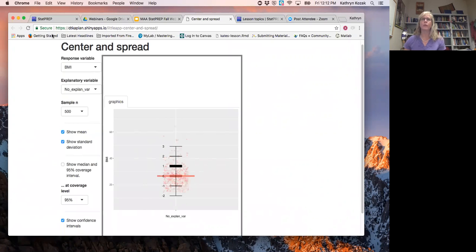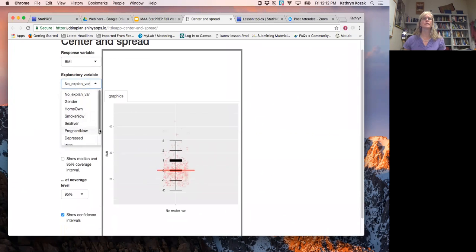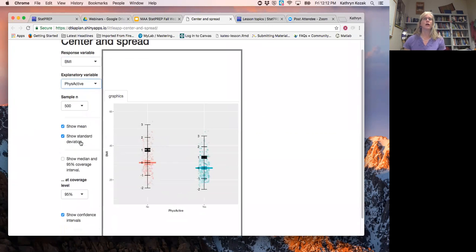As an example, we could look at what BMI is doing with, let's look at physical activity. You can see here, and I'm going to turn off the confidence interval at the moment, that people who are not physically active have a BMI of about 30, and people who are physically active have a BMI that's a bit lower.